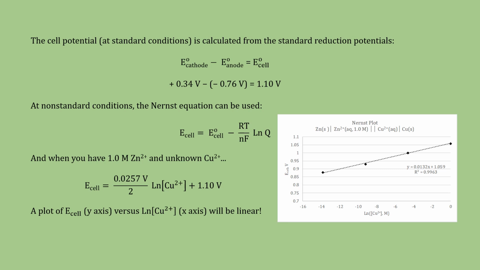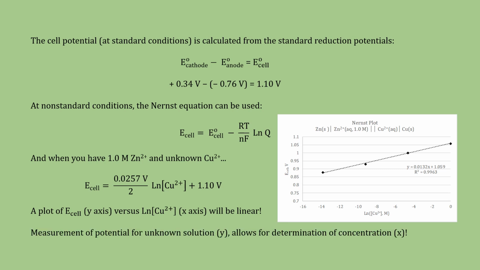Given this particular equation, it's possible to calculate the concentration of an unknown copper-2 solution. That, of course, is what we'll find ourselves doing in part 3 of the experiment. You measure the potential for an unknown solution that represents your value y, and you solve for the concentration, which will be your value x.